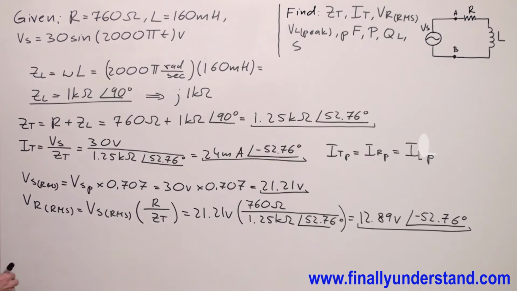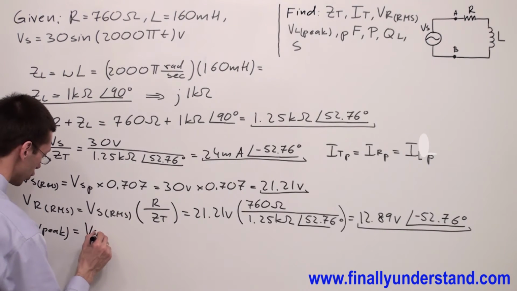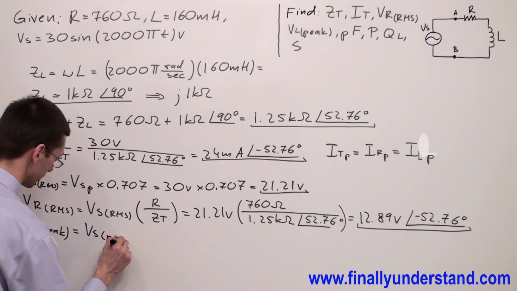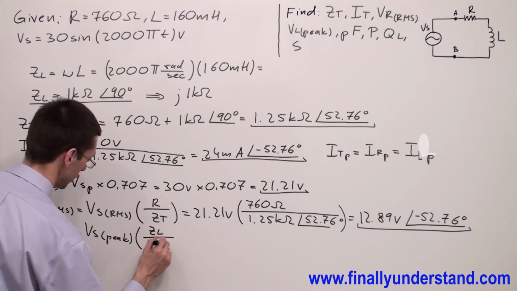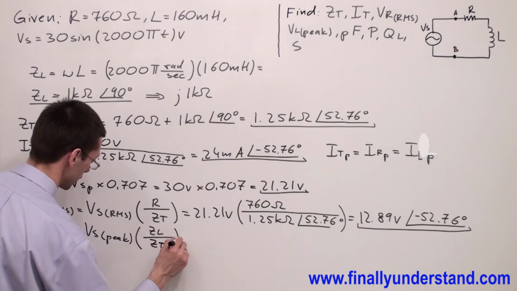Next, I'm going to find VL peak, voltage across the inductor peak. VL peak is equal to voltage source peak times ZL over Z total.